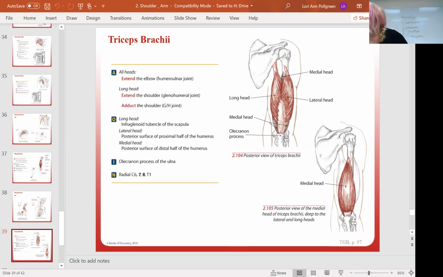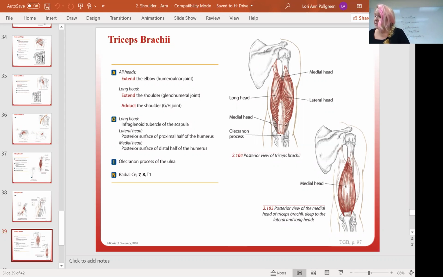The long head, highlight adducts the shoulder. So the lateral head stops at the humerus. It does not cross another joint, but that long head comes up to the scapula. So it's affecting the elbow and the shoulder joint in that long head.